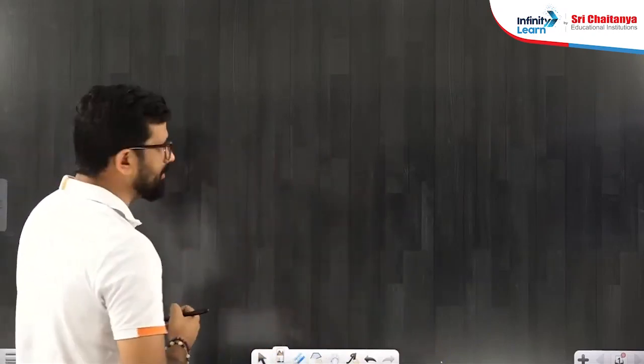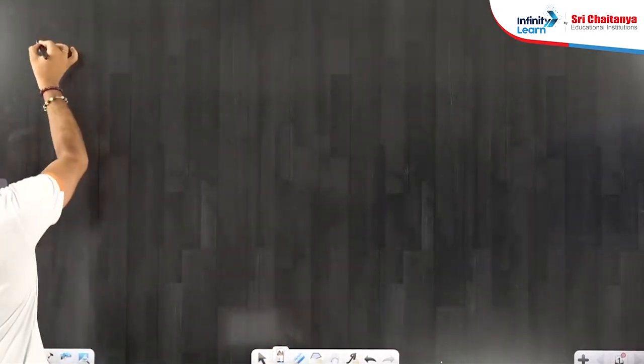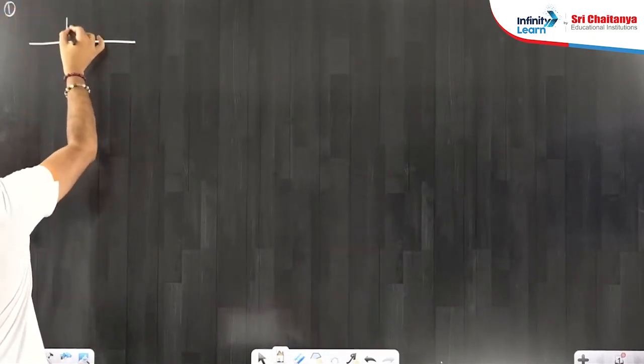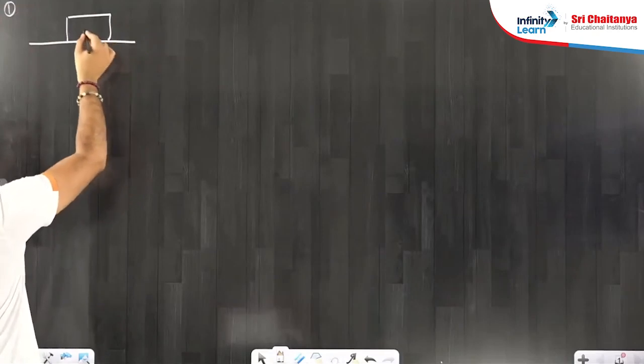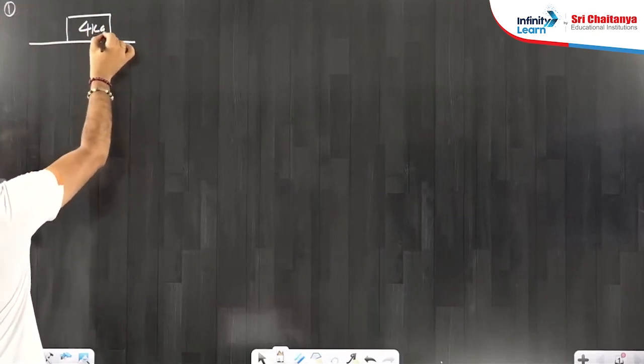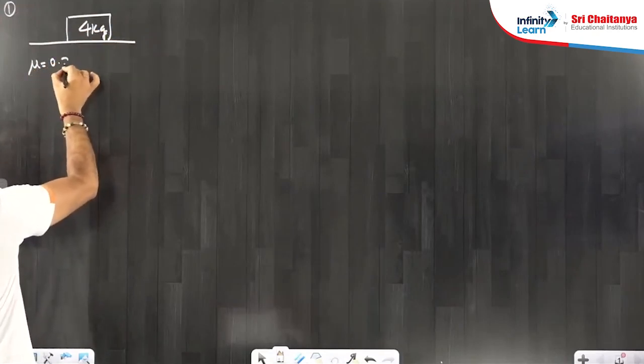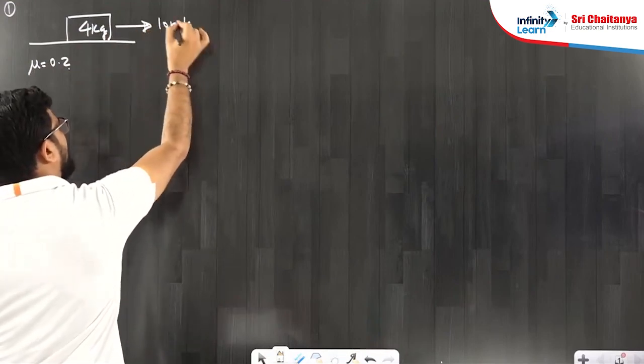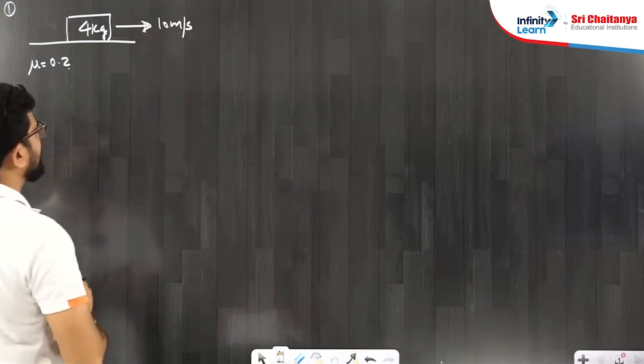The very simple question I am starting. Yesterday we solved this type of question, and I am giving the same type of question again to you. Suppose it's a 4 kg block and mu is equal to 0.2 and its initial velocity is 10 meter per second. The question is very simple.